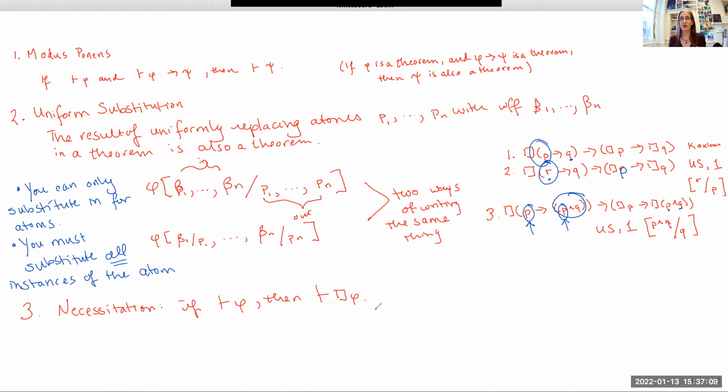Without some way of getting structure beyond the structure that is already in the K axiom, it would be very hard to do anything interesting. So if you can prove something is a theorem, then you can also prove that formula with a box on the front. Here are the 3 rules for basic normal modal propositional logics.